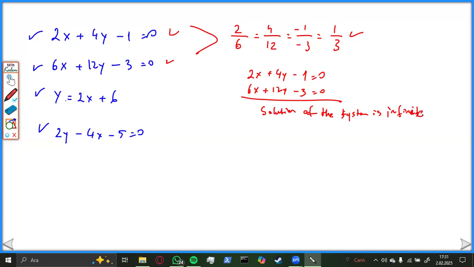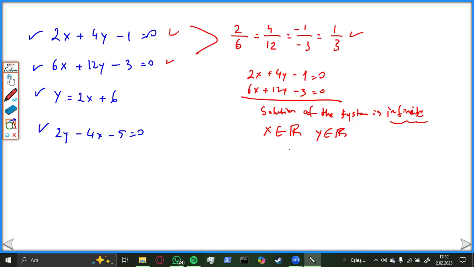What infinite means is that for each x and y, sooner or later you are going to find the same solution. So x and y may take all real numbers. That's why the solution of the system is infinite.